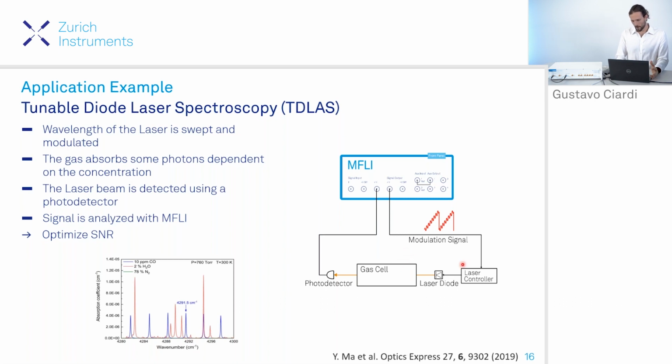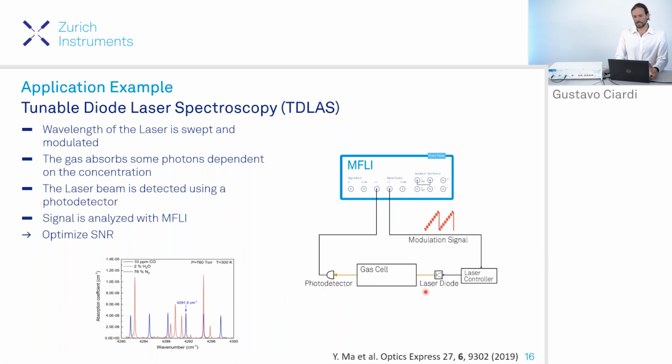We have our laser that is outputting a certain wavelength, then going through this gas cell. In the gas cell there are the gas species that we want to investigate, and as the wavelength of the laser is swept, depending on the species inside the gas cell, at some frequencies the gas will start to absorb some light, thereby reducing the intensity when hitting the photodetector.